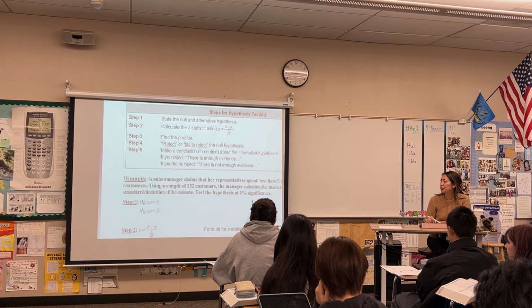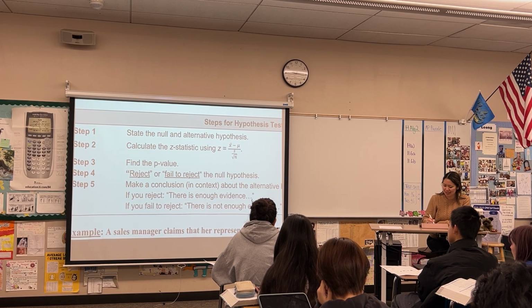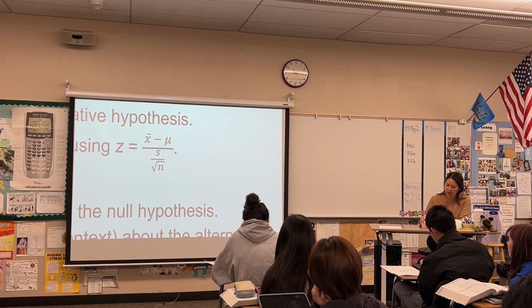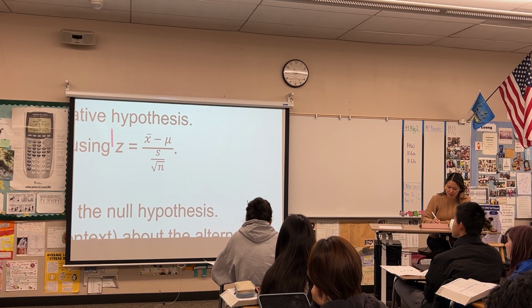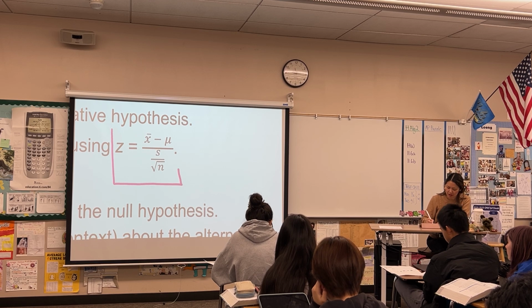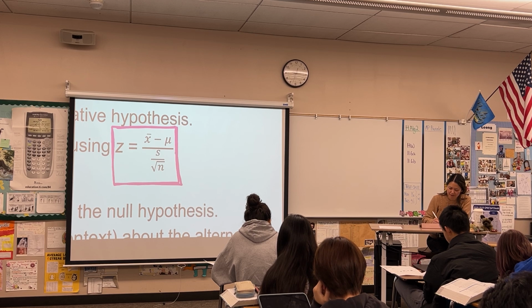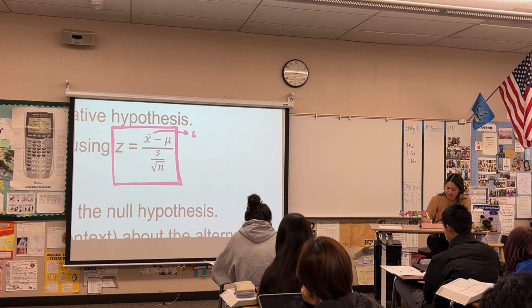All right, step 2 is to find what's called the Z statistic. These variables should look similar. This is very, very similar to what you saw with our confidence intervals. Same players in this formula. We still have our sample mean.